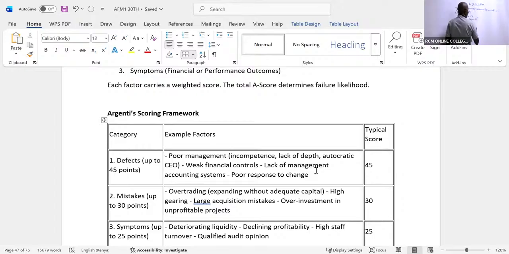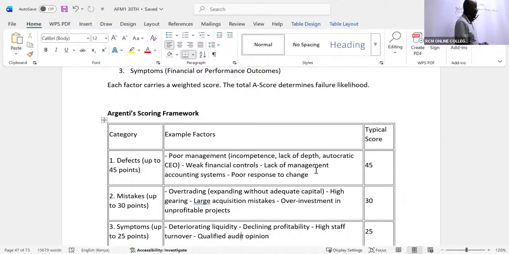Are you able to see the maximum is 45? You give it 45. So how do you look at your company? Look at your CEO. Does he have depth of managing your company? Is he really good in what he does? Is he a dictator? If he's a dictator, he's too defective, right? So you write 45.